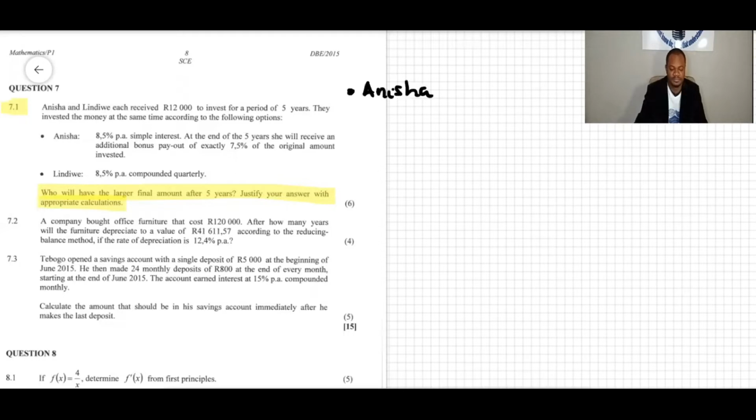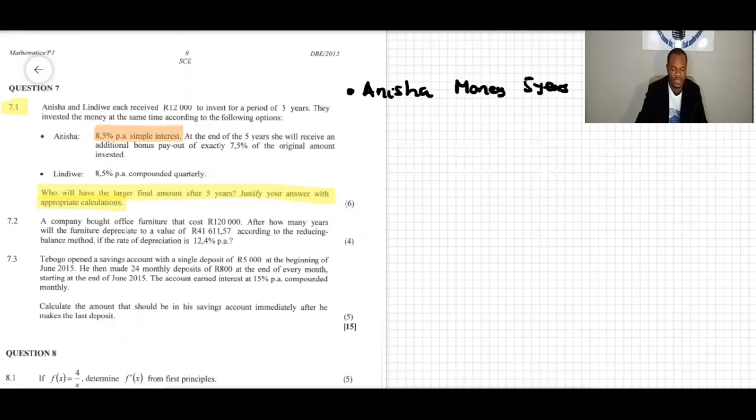Anisha, money after 5 years, 5 years later. So for Anisha, it is said that she gets 8.5% simple interest. These details are important, okay? Anisha, 8.5% simple interest.